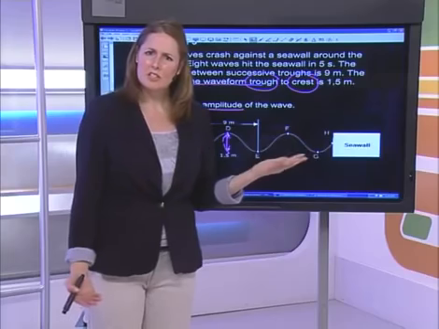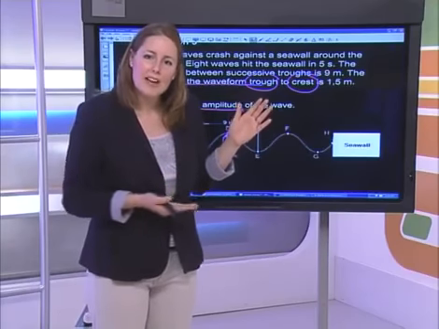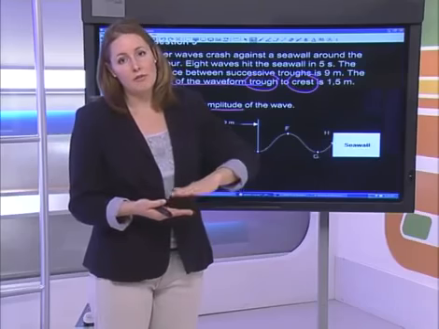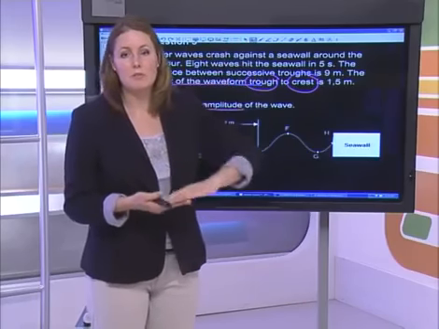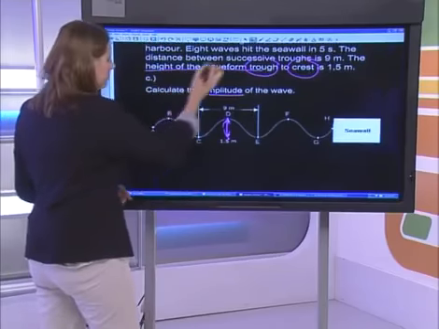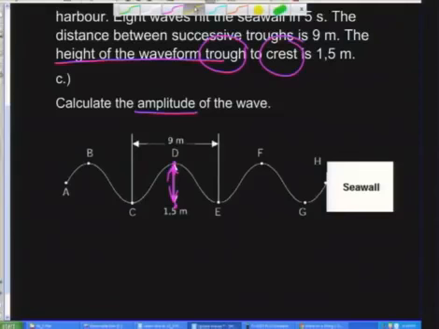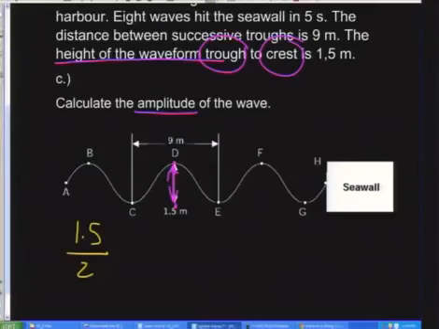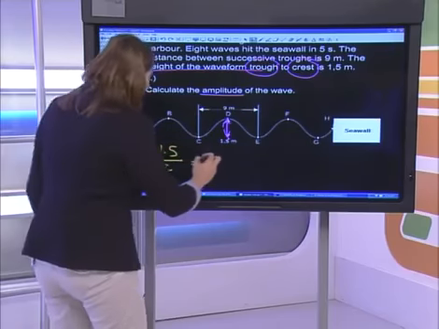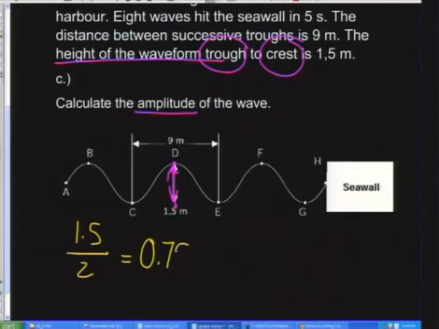What is our definition of amplitude? It is from the rest point, or the midpoint, to the highest point, or the midpoint to the lowest point. So what is our answer going to be? It would have to be 1.5 divided by 2, which would be the half of that. Because 1.5 divided by 2, I believe, is 0.75.